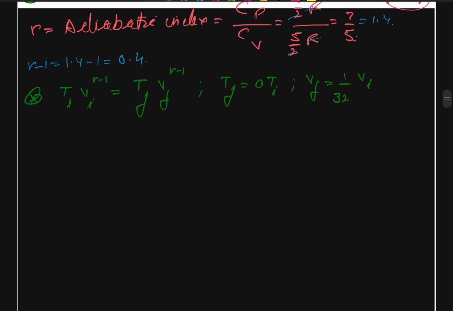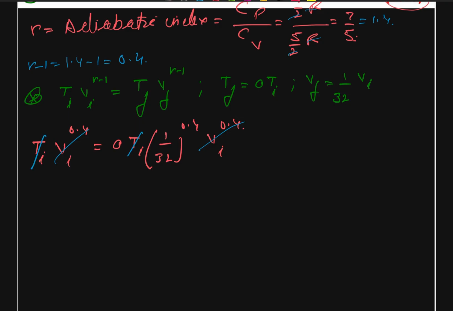So we simply replace them, and we can write this as T initial, V initial to the power 0.4 is equal to Tf, which is A times Ti, times 1 upon 32 Vi to the power 0.4. Here Vi to the power 0.4 and Ti cancel out.